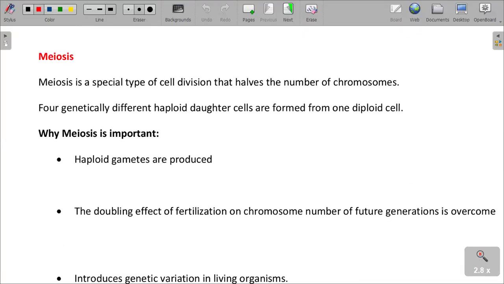Meiosis is basically a very important and special type of cell division that halves the number of chromosomes. In other terms, if you check in other books, they say that meiosis is a reduction division process. It is defined as a reduction division process.